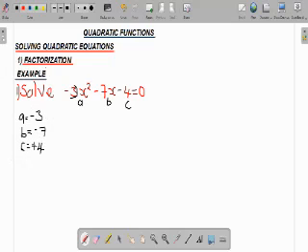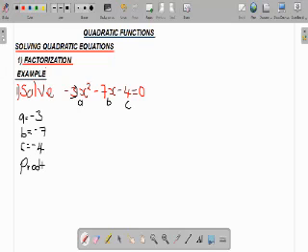Now, after having these numbers, the first thing we're supposed to do when using the factorization method is to find the product, sum, and factors. First we are going to find the product.